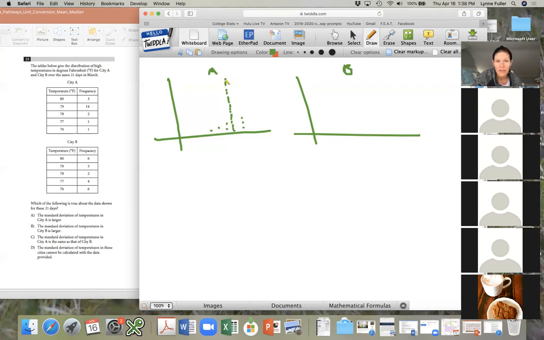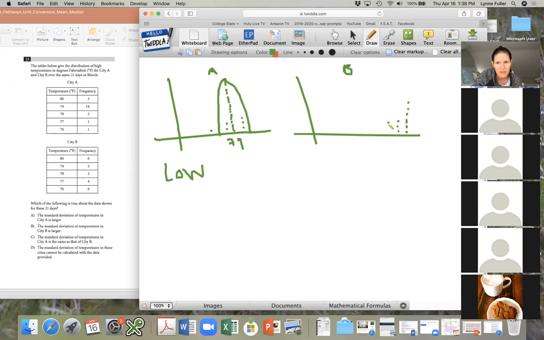Okay, this bell curve is going to be very tight to the temperature of 79 degrees. So it's going to be very narrow. It is what we call a low standard deviation because it does not range very much from that average. Okay, let's take a look at city B. So we have 6 at 80 degrees. We have 3 at 79 degrees.